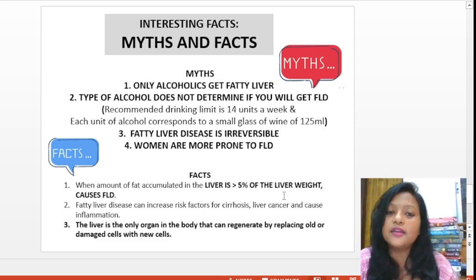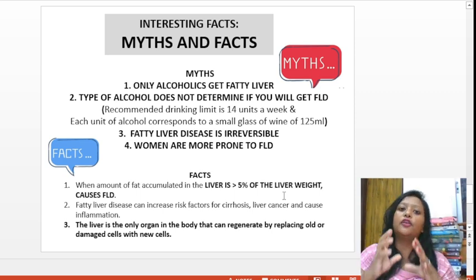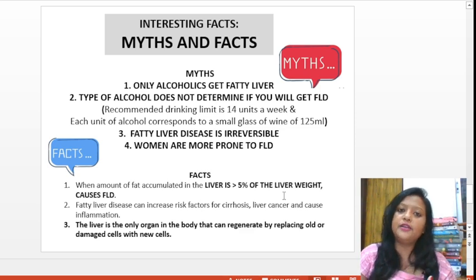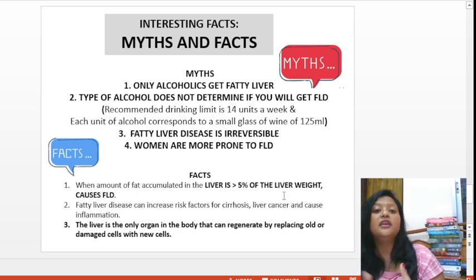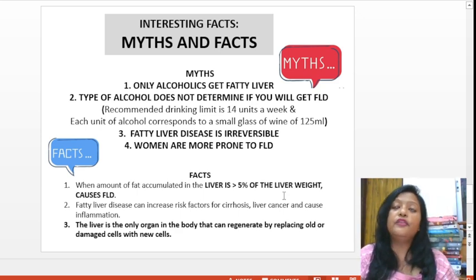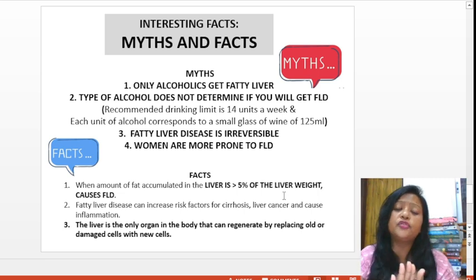Number three is that fatty liver disease is irreversible. No, it is reversible. Suppose when you see that your liver is enlarging, that means it's the preliminary stage. So before it goes to liver fibrosis, you can reverse it. When you're taking too much alcohol, your body always tells you, so you should listen to your body.